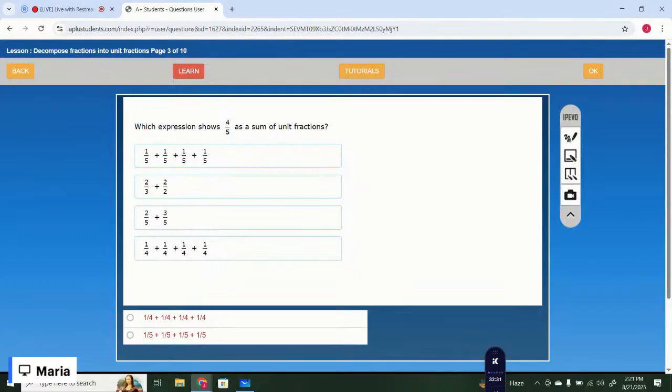Option 1 by 5 plus 1 by 5, because we can break down 4 as 1 plus 1. Option number 1 is the correct option.